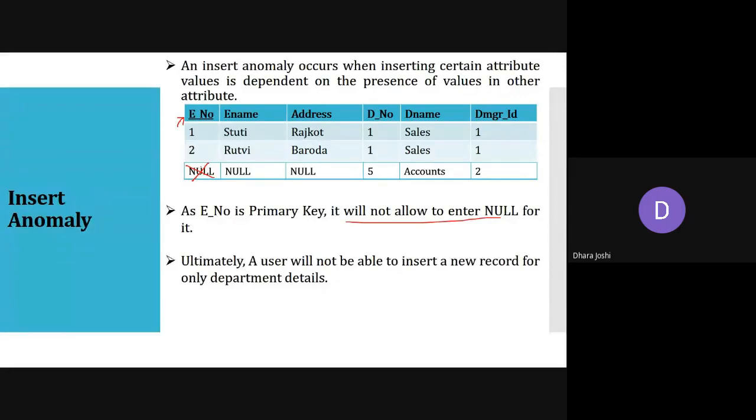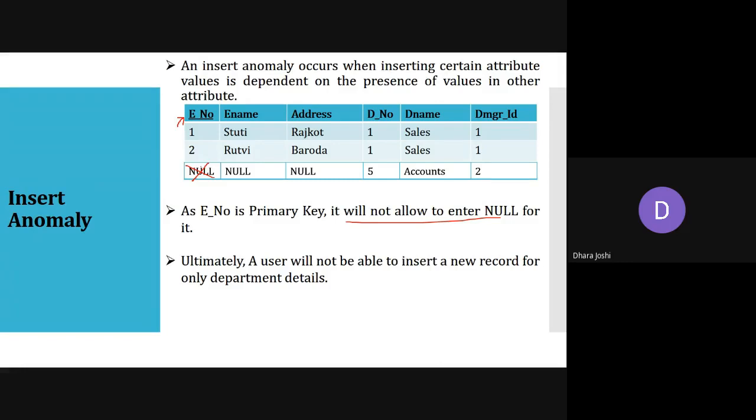Previously, we were having the sales department, so they have perfect detail for that. But now they have created the new department accounts, and in accounts they haven't recruited any employee. That's why in employee number, employee name and address, they are not having any detail. So we are thinking that it is null for right now.